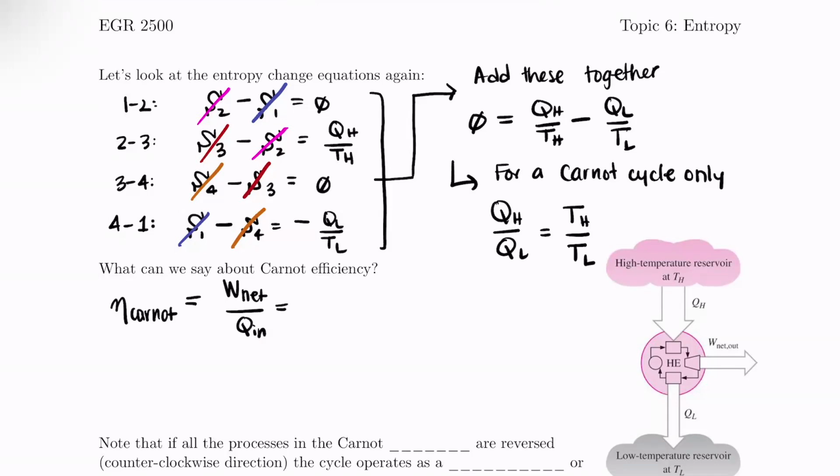All right, and we were able to write this as Q in minus Q out over Q in. Q in is QH and Q out is QL, right? So we have QH minus QL over QH. And this is 1 minus QL over QH.